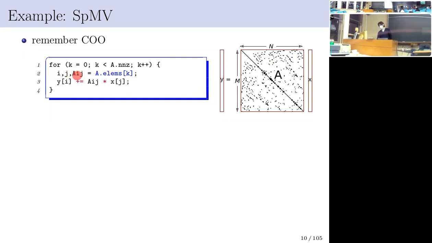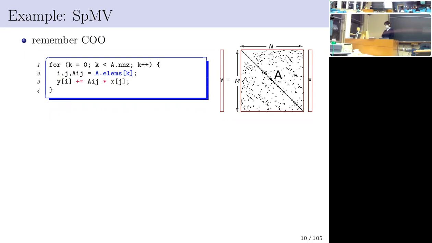So Aij is the actual value of the element, and i and j are the locations of the element. After you get the row number, column number, and the value of the matrix element, you simply do this: the element multiplied by xj, accumulated into yi.